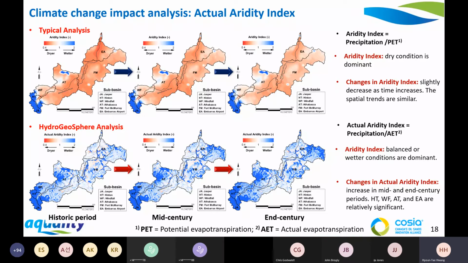Also, the wet condition is dominant along the Athabasca River. And moving on to the mid-century and end century, you can see the blue is also dominant. That means the wet condition is also increased compared to the historic period.